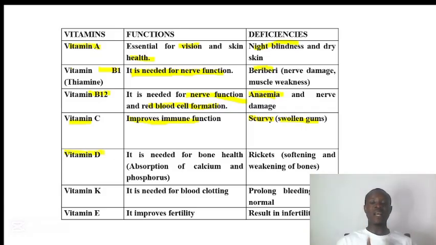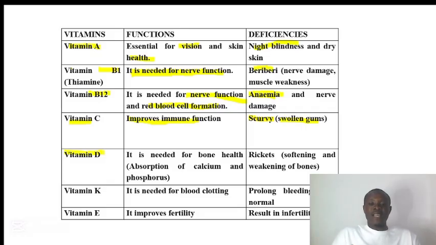And that calcium that will be taken into the bloodstream is the calcium that is needed for strong bones and teeth formation. So if a person lacks vitamin D, the person will experience what we call rickets. That means the softening and weakening of bones. Rickets most often occurs in children.